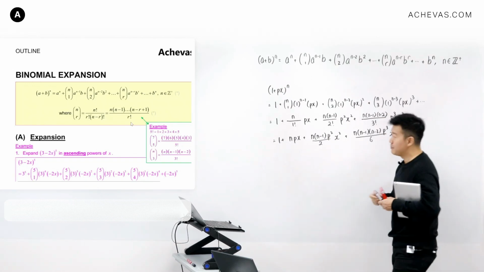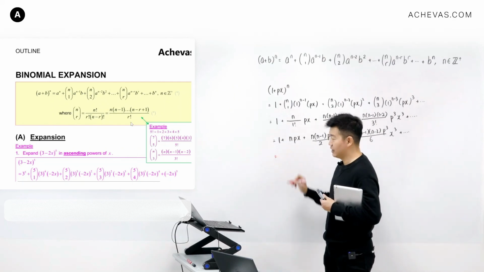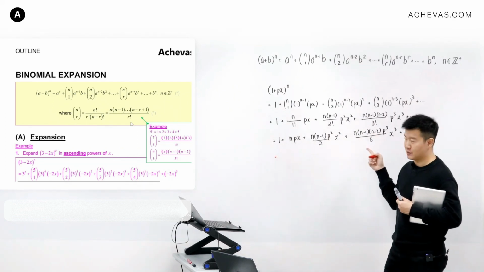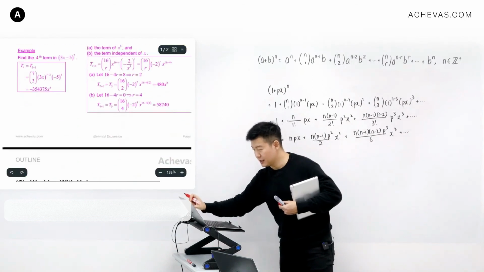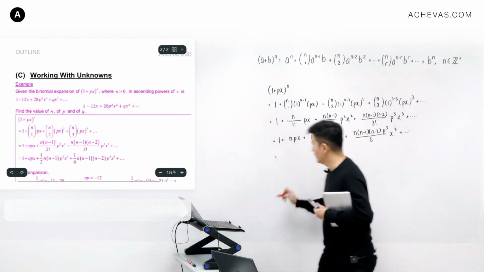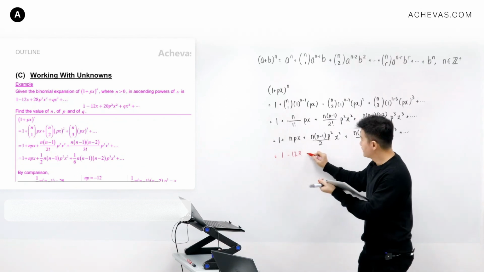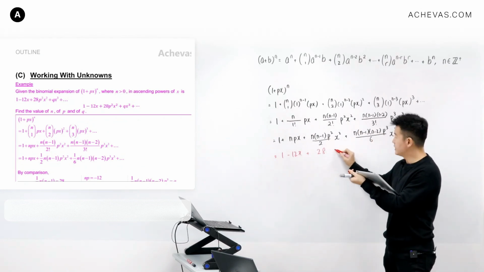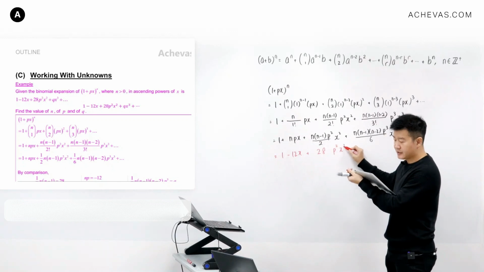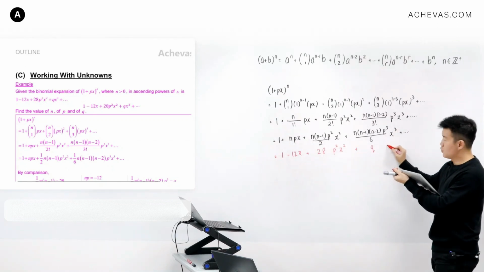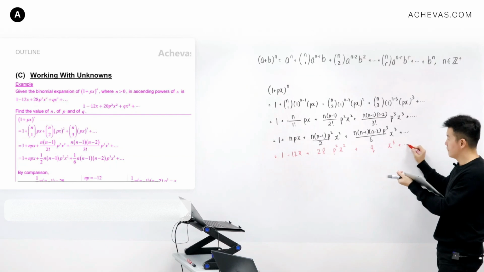And now we can match what is given to me to what we have just derived. What is given to me is this. Let's take a look at it again. It is 1 minus 12x plus 28 p square x square plus q x to the power of 3.